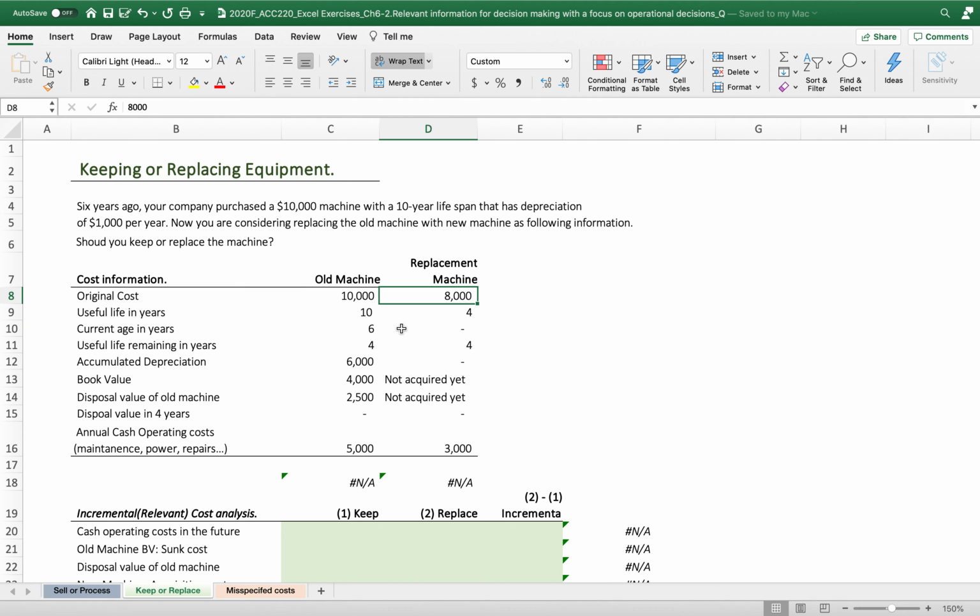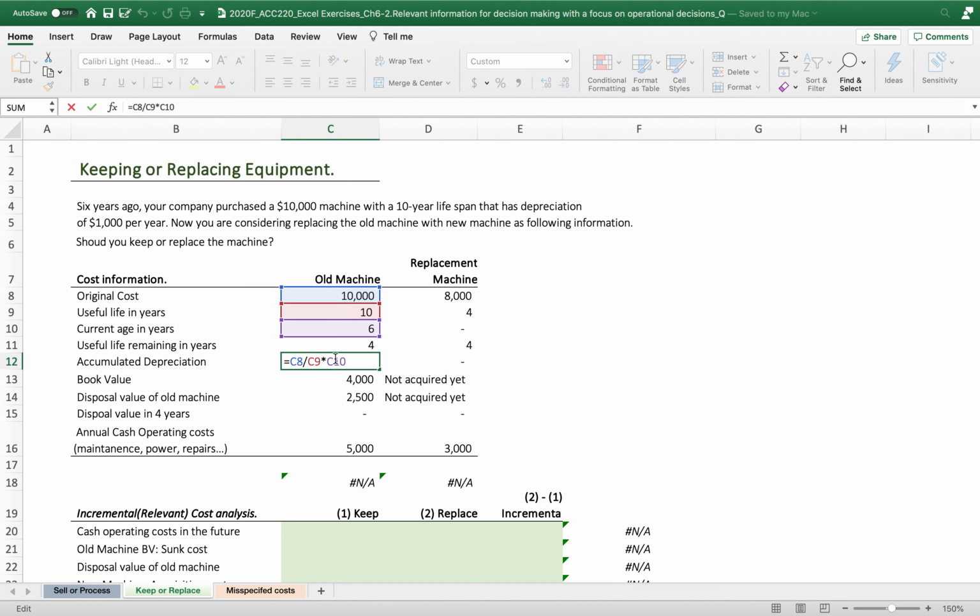The useful life is 10 years, and the remaining useful life is 4 years. The current age is 6 years, which the company has been using. And then accumulated depreciation is $6,000, because 10,000 divided by 10 times 6 is 6,000.